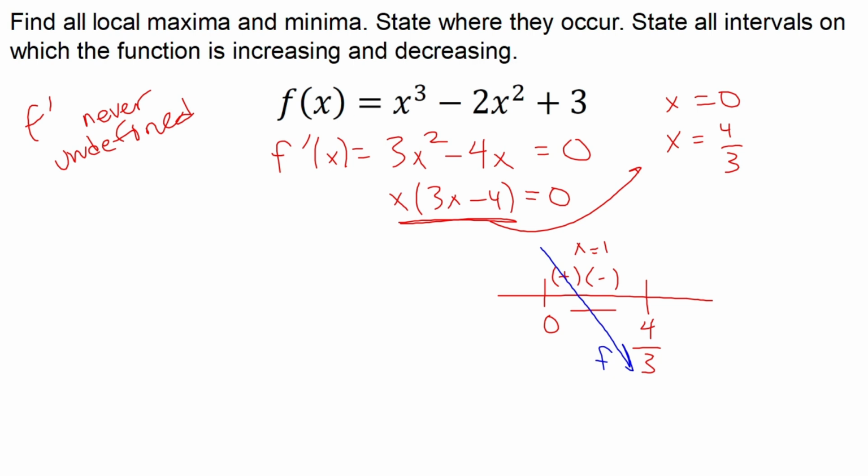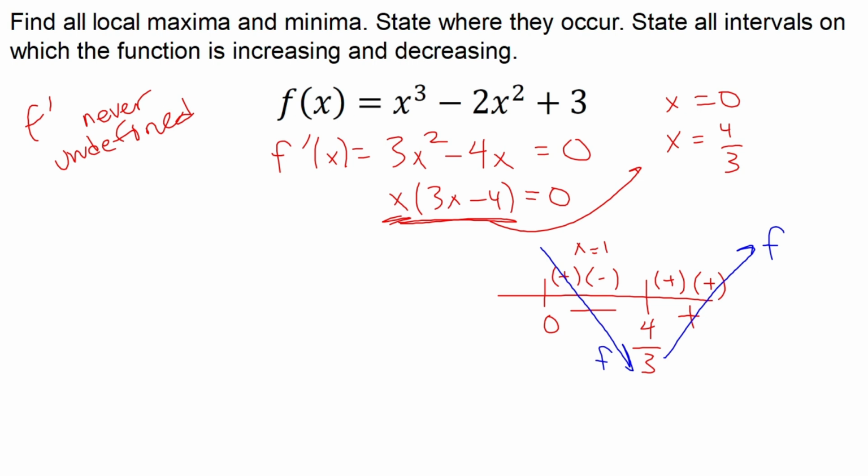Then I'll pick something more than 4/3. It doesn't really matter what it is, as long as it's more than 4/3. I'm going to pick a million. Right? If I pick a million, I end up with a positive number for x, and then 3 times a million minus 4 is also positive. So we get a positive number here, which tells me that my function is now increasing because the derivative is positive.